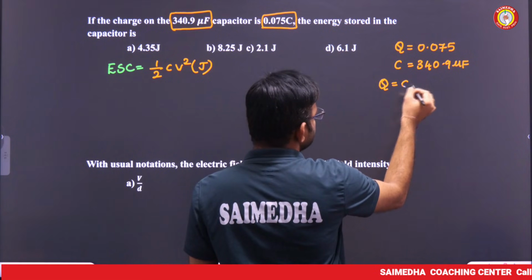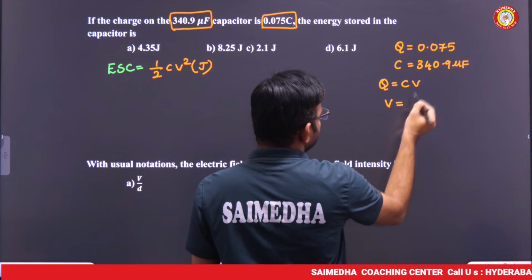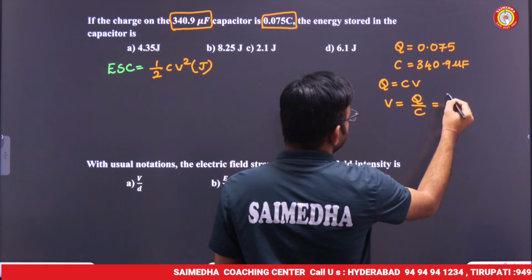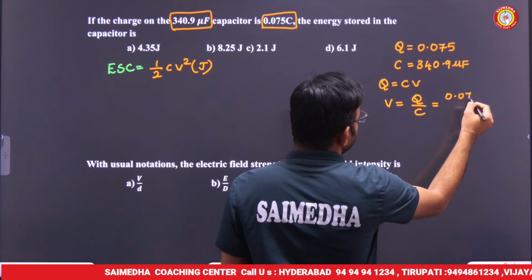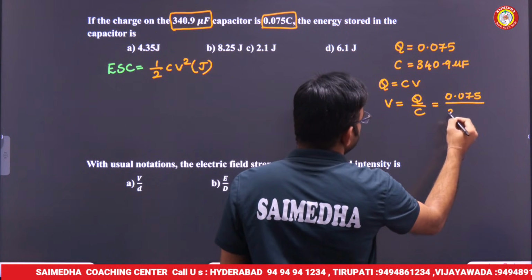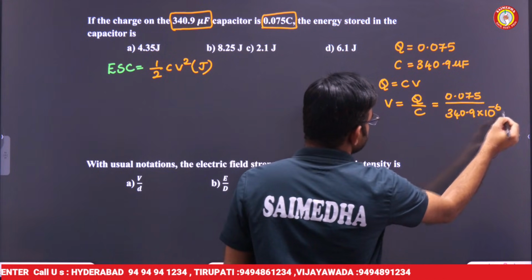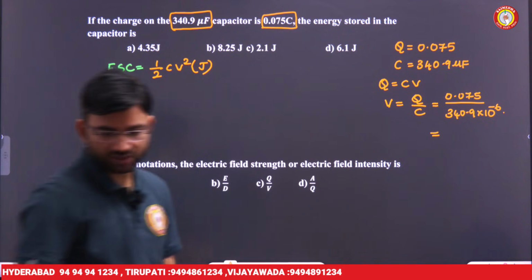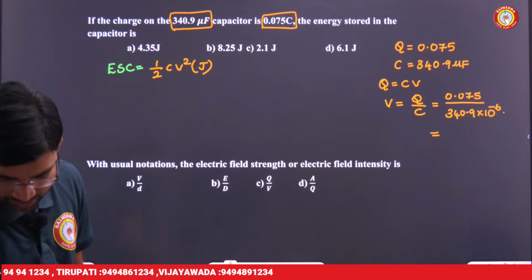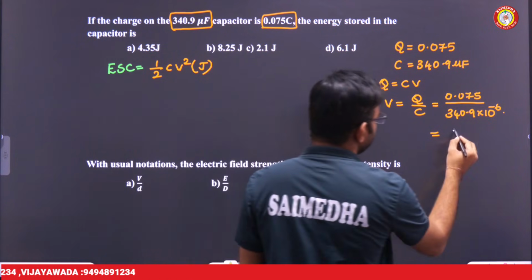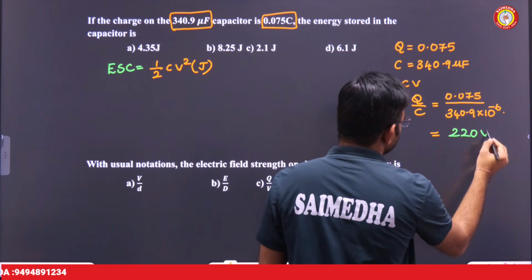Charge Q equals C into V, so V can be calculated as Q divided by C. Q is 0.075 divided by 340.9 into 10 to the power of minus 6. The voltage you will get is approximately 220 volts.